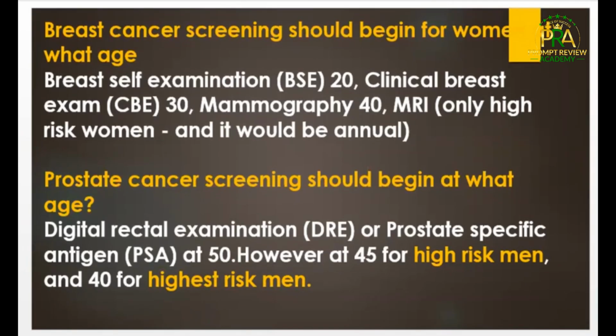And we say that highest risk men is, for example, somebody that is Black African American male, and also somebody that has a family member, maybe the parents or the family member, who died of prostate cancer. So they are at highest risk. So remember, high risk is 45 years, highest risk is 40 years.